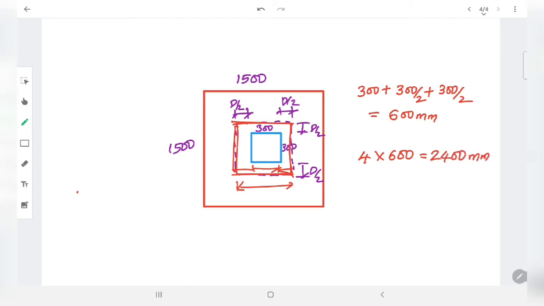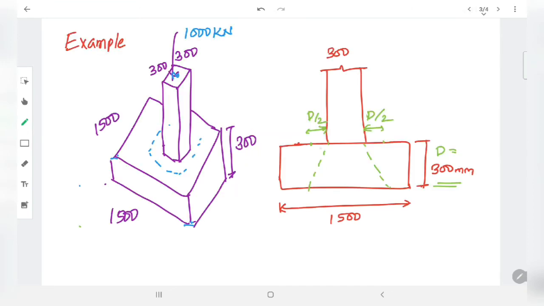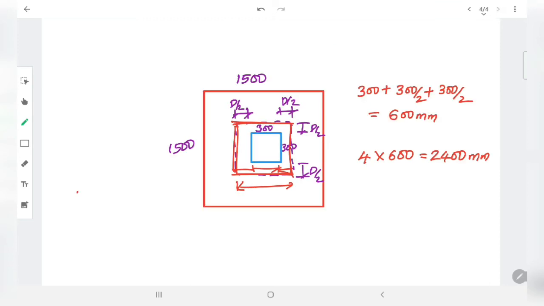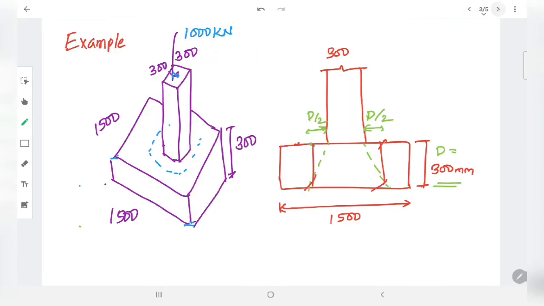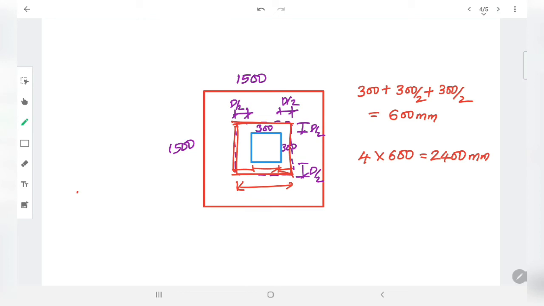On this length the force will act, and also at a distance of d by 2. Whenever you calculate stress, all we need is force divided by area. The force acting is P equal to 1000 kilonewton, acting on the column, as already taken in the example. It is acting on the surface, so what is the length of the surface?